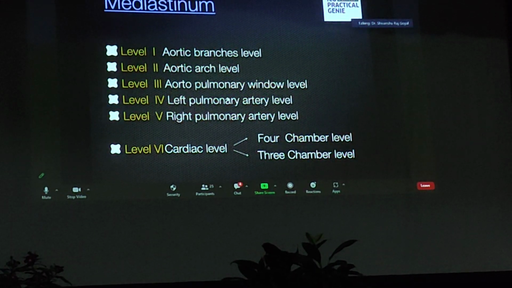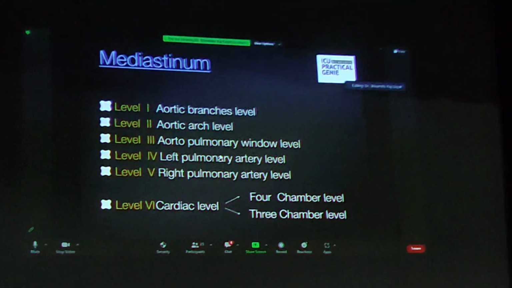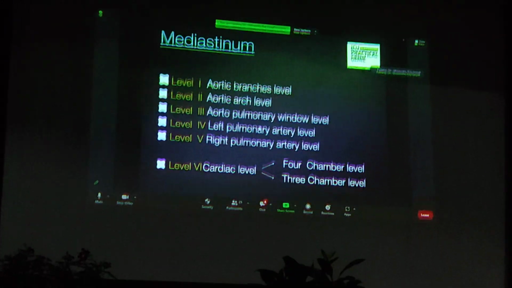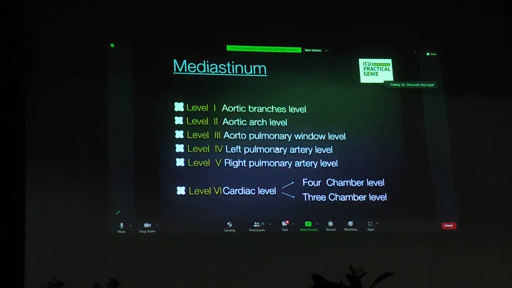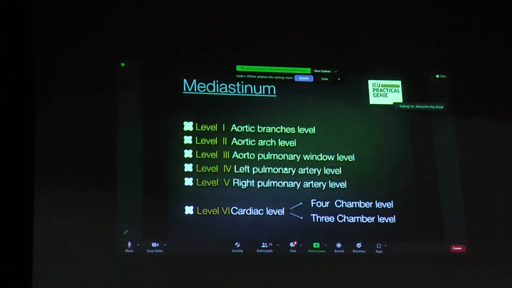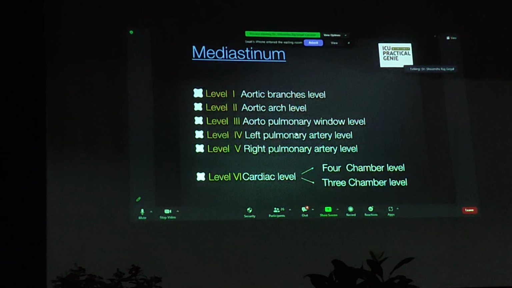Always train your eyes in understanding the mediastinum at these 6 levels. Whenever you look at a CT scan, do not randomly look at it. Remember these 6 levels which I have given to you, so that you know what particular structure comes at that particular level.